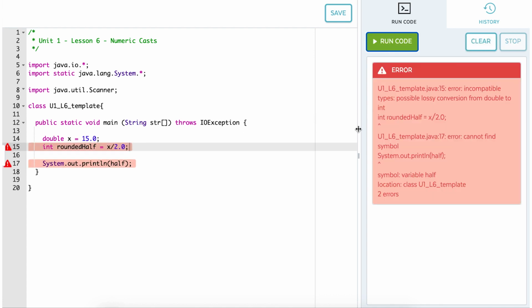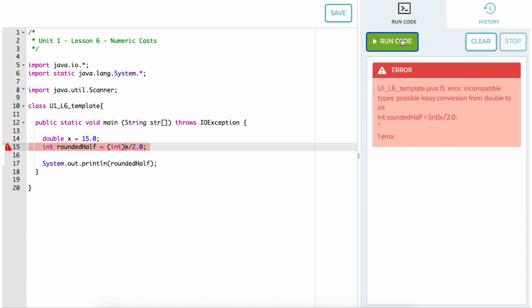Here we have an error message because Java doesn't like it: it says lossy conversion if we try to automatically take a double and save it into an int. So in order to be allowed to do this, we need to cast our answer to an int.